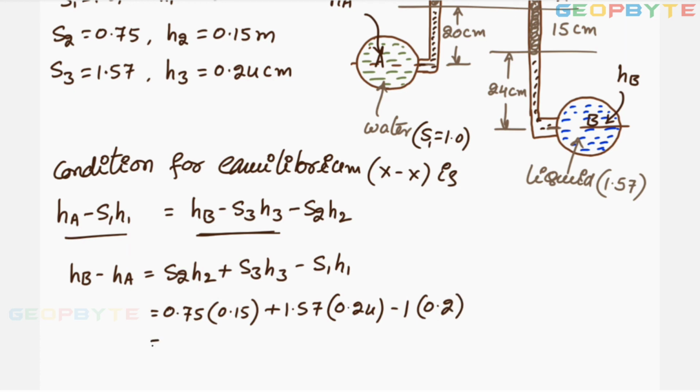You simplify this value for getting the pressure head difference between B and A. Let us simplify this part. I got this value 0.2893 meters of liquid.